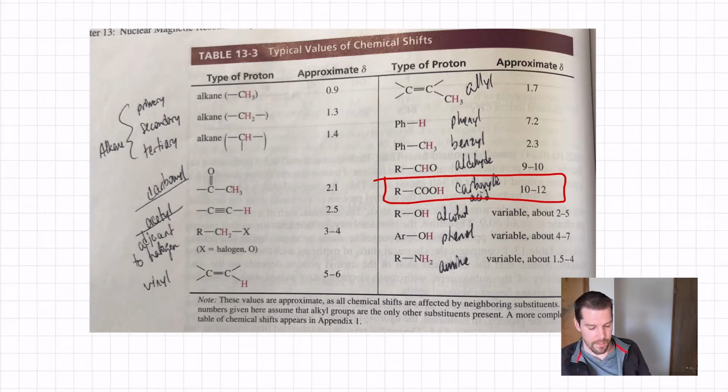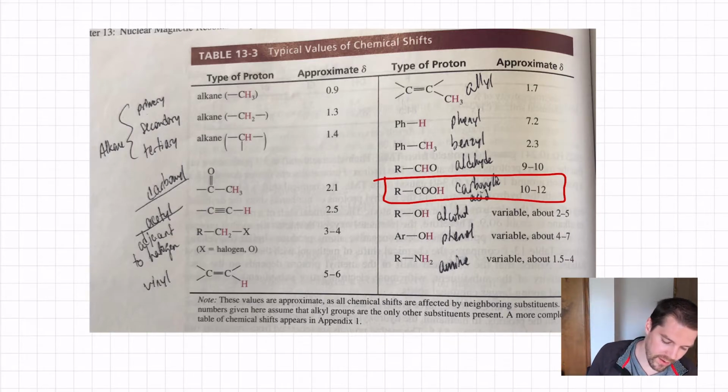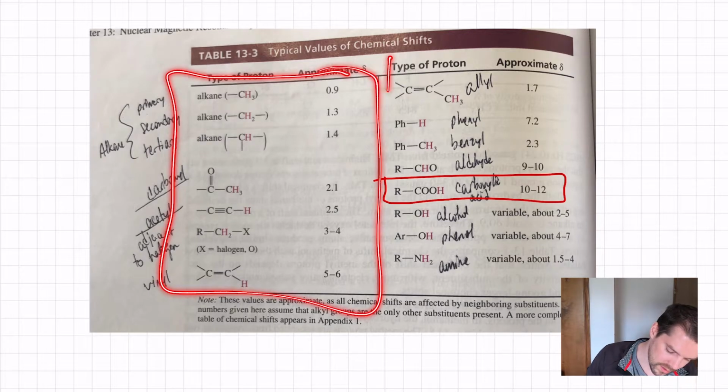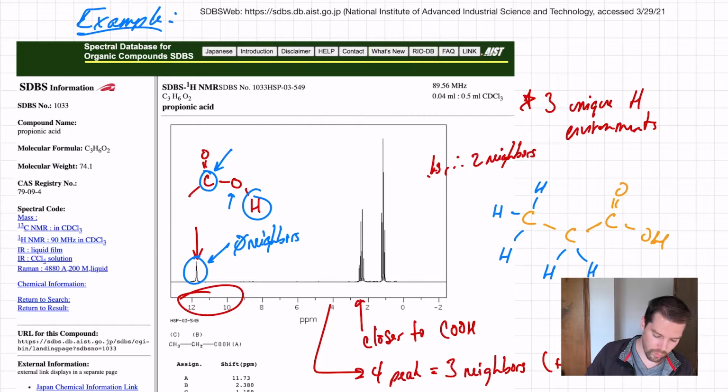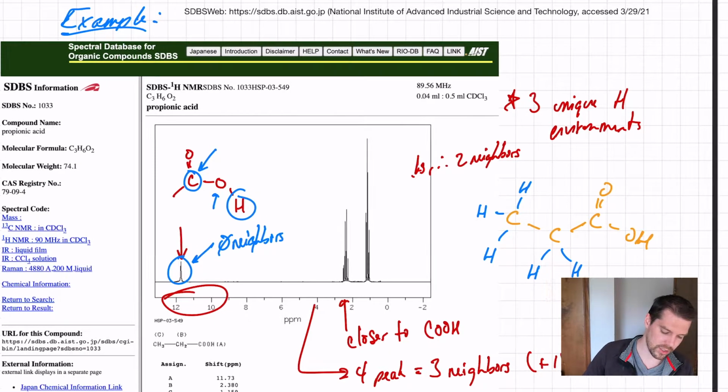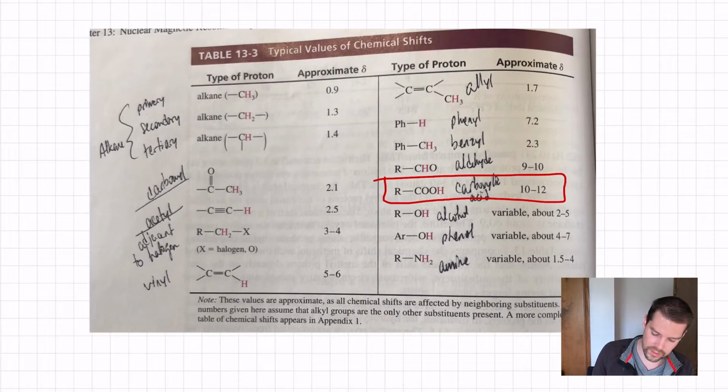This is the same kind of thing. It's really important to have a rough idea of what the chemical shifts look like, what the ppm is. We knew right away that this is going to be a carboxylic acid because that shift was so far over. Look, that's the only one. Carboxylic acid is the farthest one over.